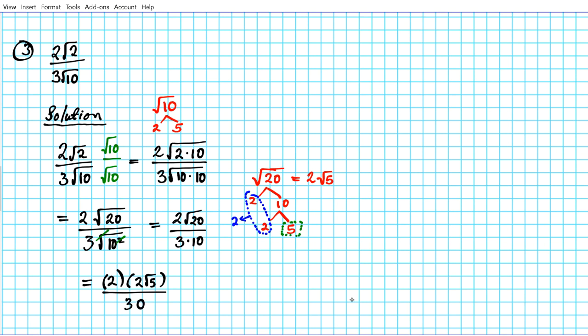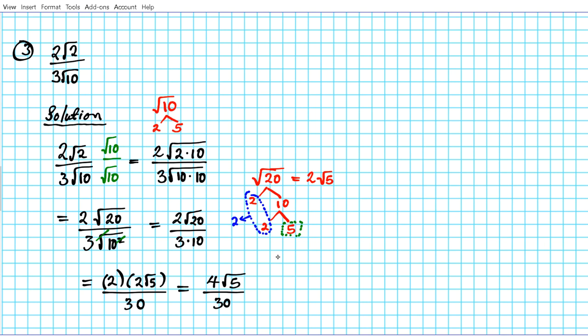Bam, like that. Now, how do we multiply 2 and 2 root 5? Well, you just multiply the rational parts, the coefficients, with each other. 2 times 2, which is 4, and bring down the radical component, root 5. And then we have that divided by 30. Almost there. Now look at the rationals, 4 and 30. Do they have anything in common?